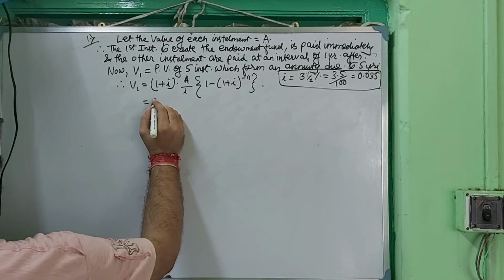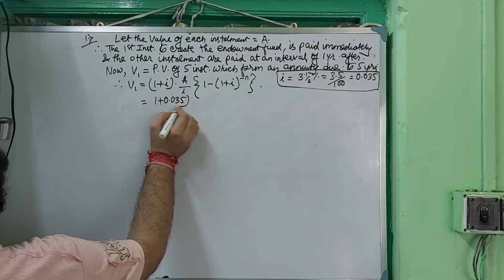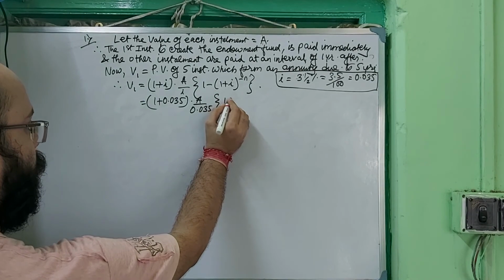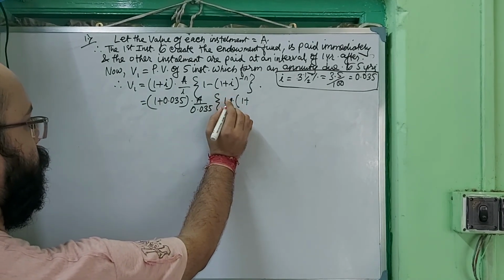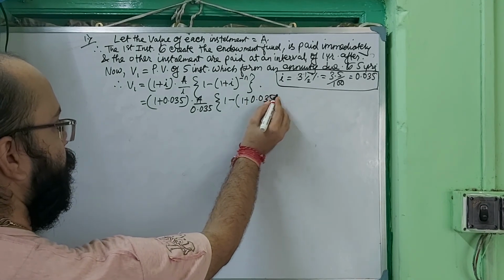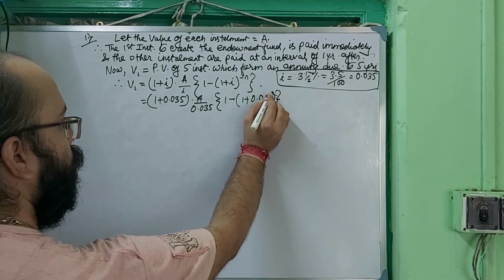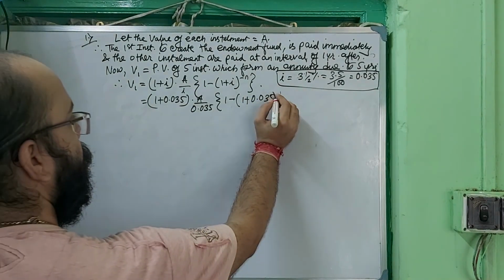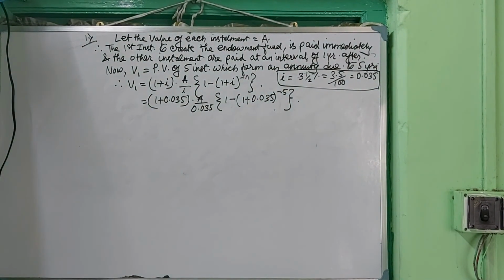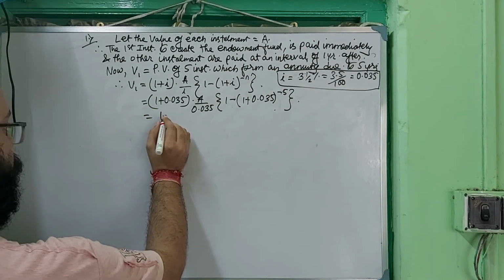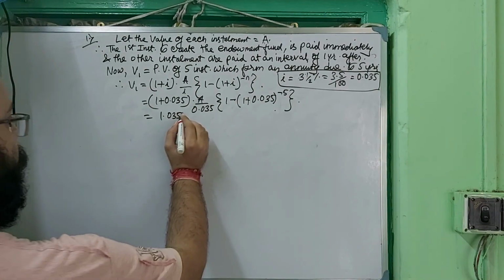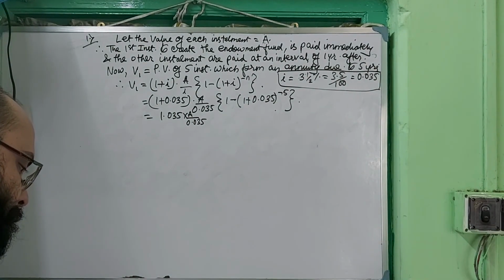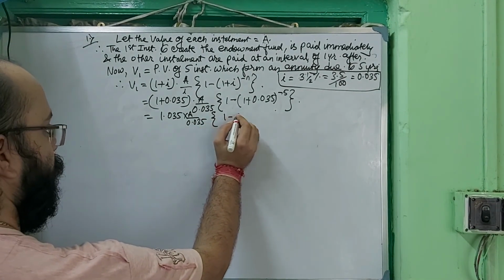Okay, so 1 plus 0.035 into A by 0.035 into 1 minus 1 plus 0.035 whole to the power minus n, where number of years is 5, right? Minus 5.